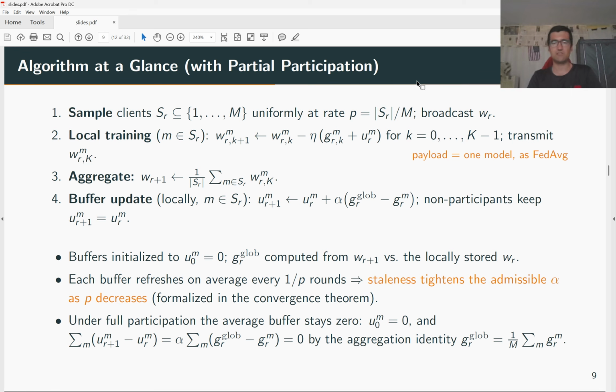3 remarks. Buffers start at 0, so the first round is plain federated average. Under full participation, the buffers always average to 0. That follows directly from the aggregation identity, so the corrections steer individual clients without biasing a global average.